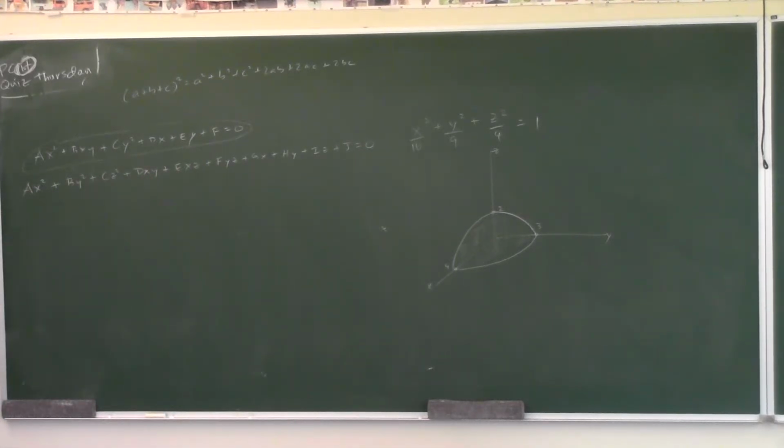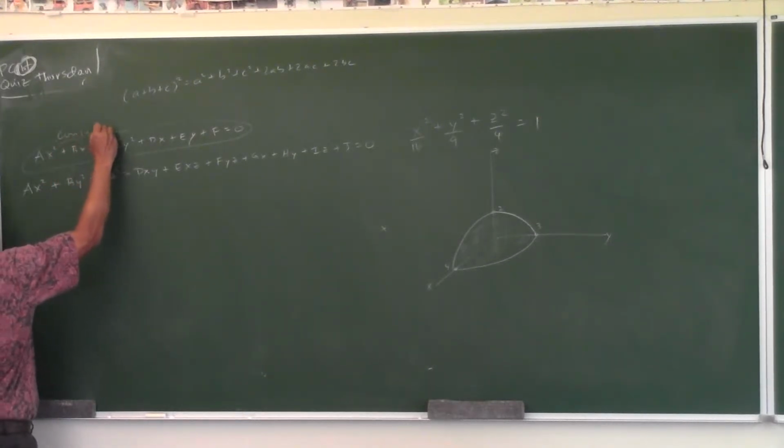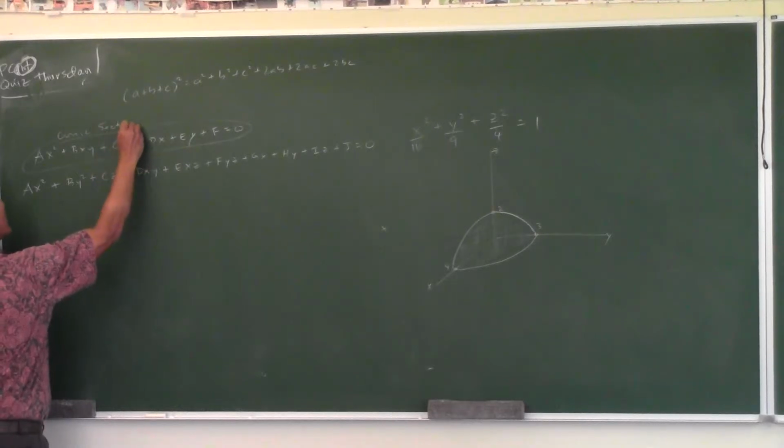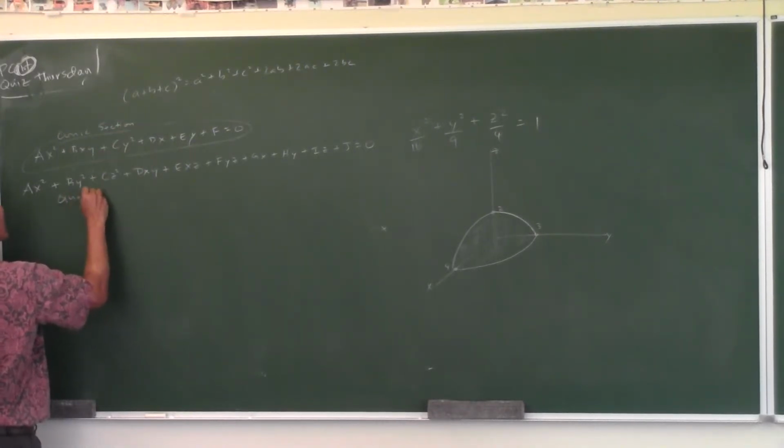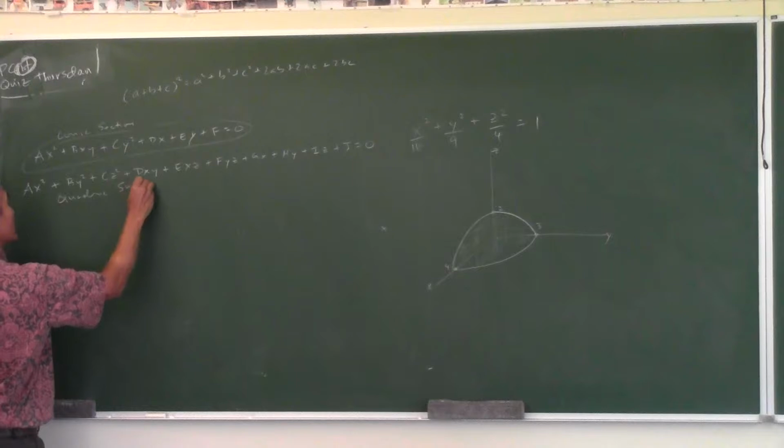Anytime you have an equation of this form in 3 dimensions, you're going to get a quadric surface. We call it a quadric surface.